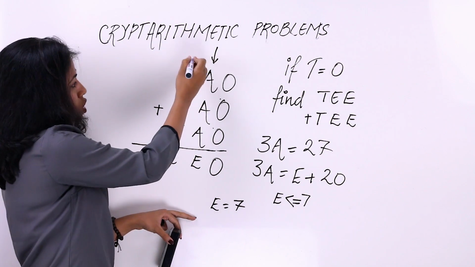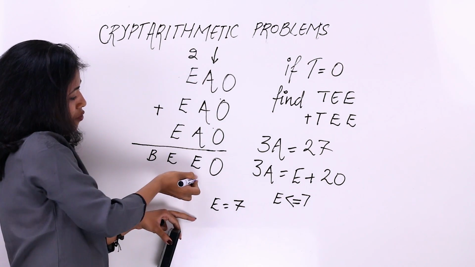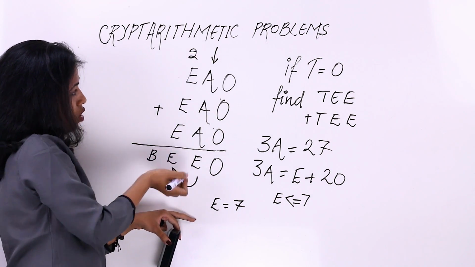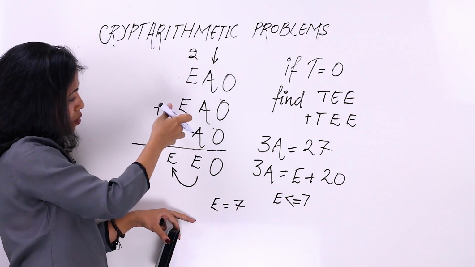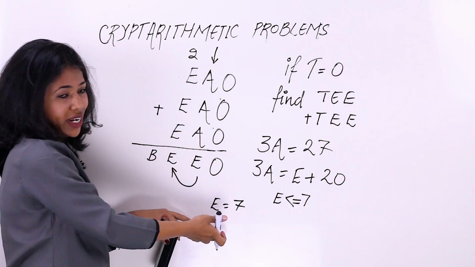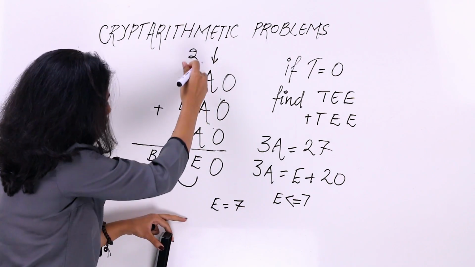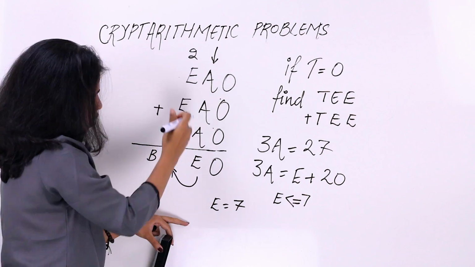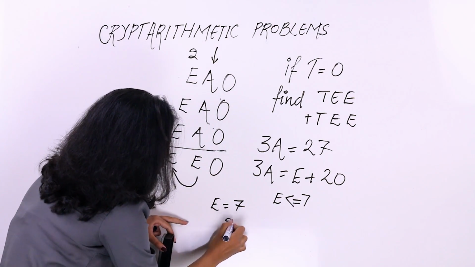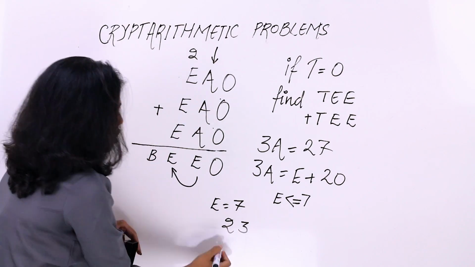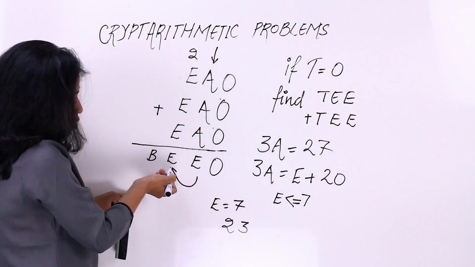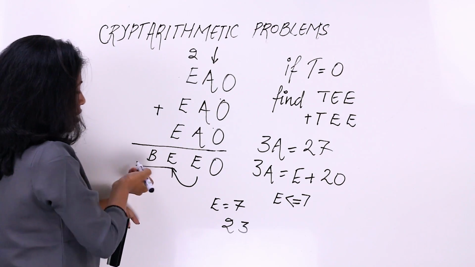And we know that there is already a carry of 2 from this column to this column. So there is a carry of 2 and the sum of these three alphabets will be 21, which means the sum of this whole column will be 23.